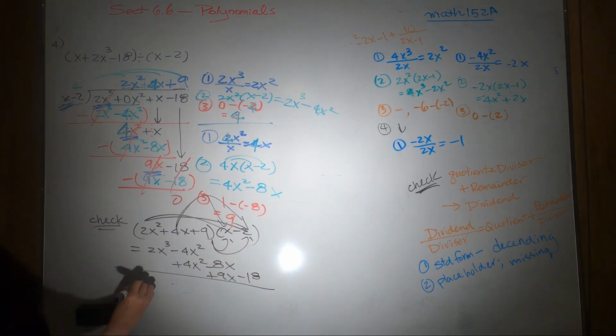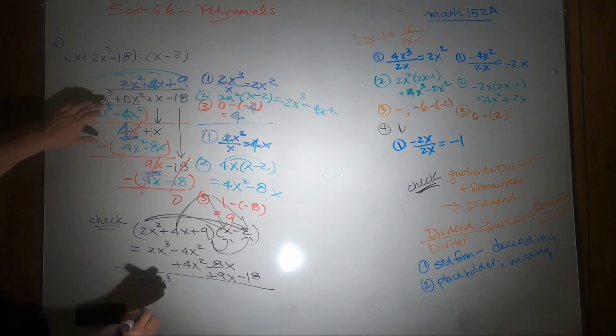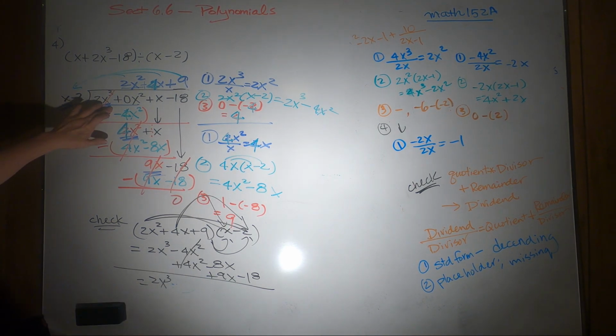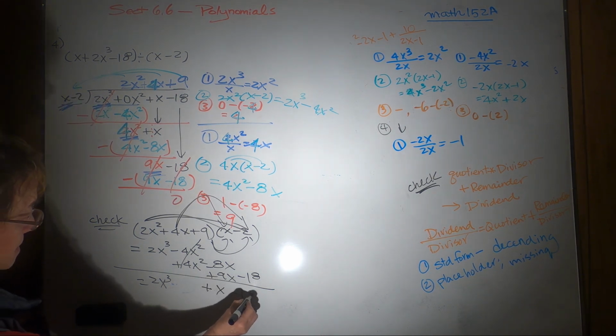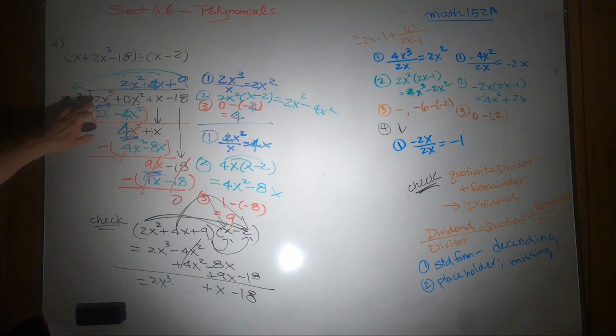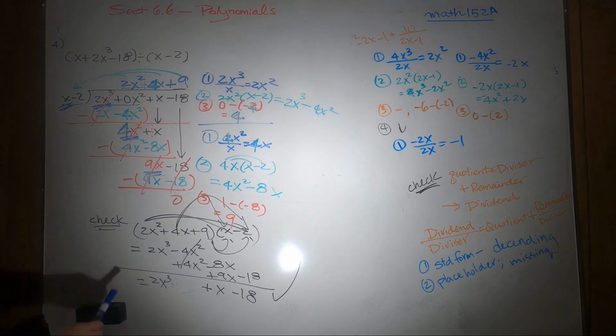Do we get back? Let's see. That's 2x cubed, this cancels out, then this one will be plus x minus 18. Let's check: 2x cubed plus x minus 18. If you can multiply back, you can see all your work should be okay.